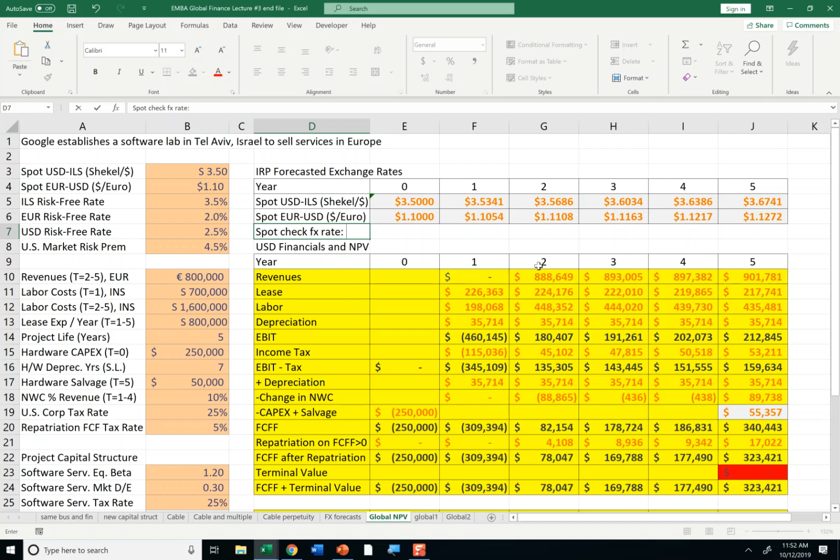Yeah, so spot check the FX rate forecast. A currency with a higher interest rate should devalue. Check, check. Yep. Got it? Good. Great. The nominal interest rate.